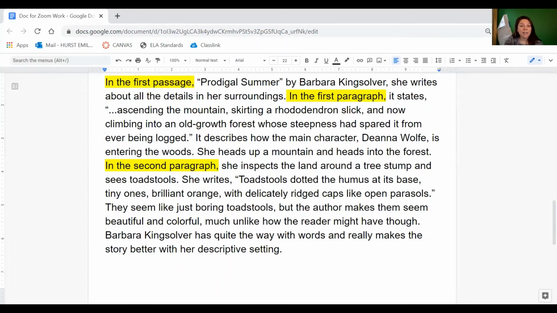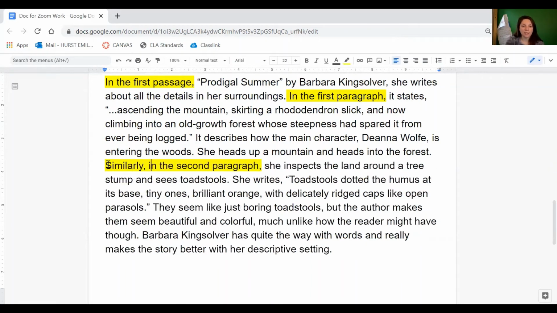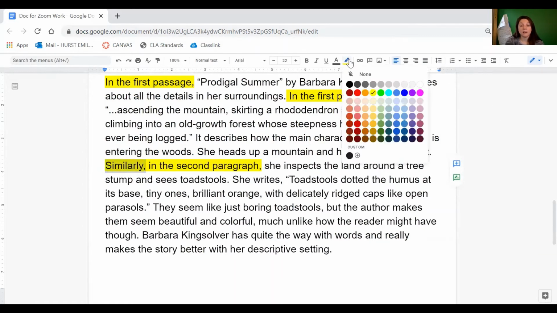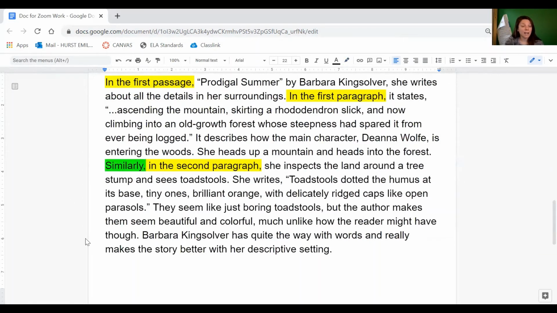First of all, I think instead of just saying in the second paragraph, I would like us to say similarly in the second paragraph. So I'm adding on, right? I'm adding an idea here that is similar to the last one. Then after this, it says, they seem like just boring toadstools, but the author makes them seem beautiful and colorful.